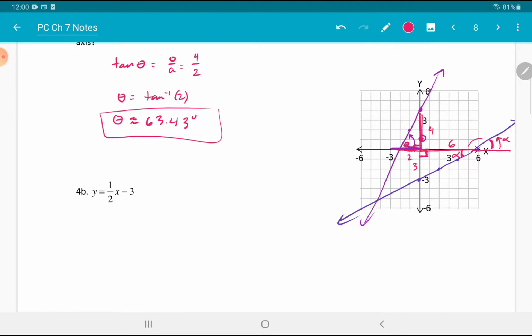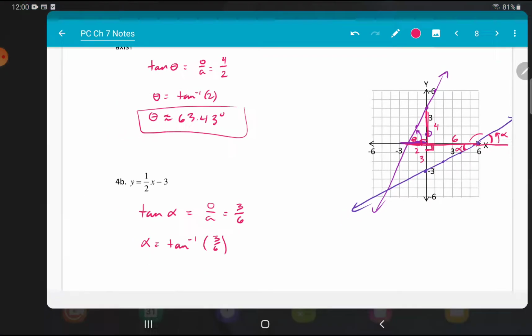Because we have 3 and 6 there, we're not using the hypotenuse of this triangle, and so it looks like we'd want to use tangent again. Tangent of alpha is equal to opposite over adjacent, where opposite in this case is 3, and adjacent would be 6 to that angle alpha. Therefore alpha is equal to the inverse tangent of 3 over 6, or 1/2.